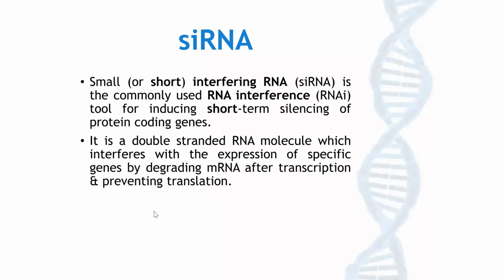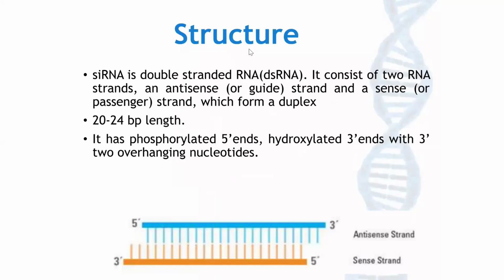Okay, then the structure. The structure of the short interfering RNA, as I said, is double-stranded. It's made up of a sense and an antisense strand, which form a duplex, and it's made up of 20 to 24 base pairs. So it means that this short interfering RNA is made up of 20 to 24 nucleotides.